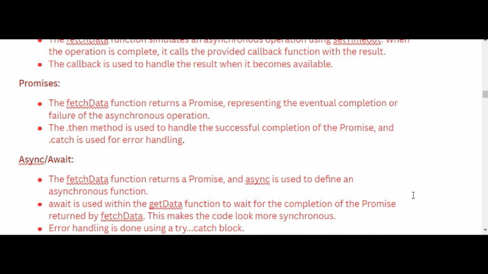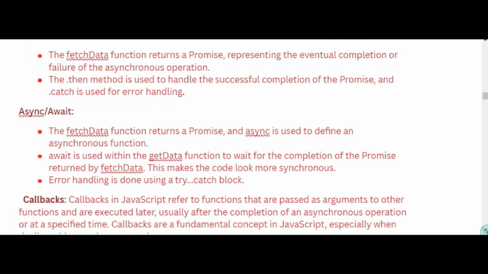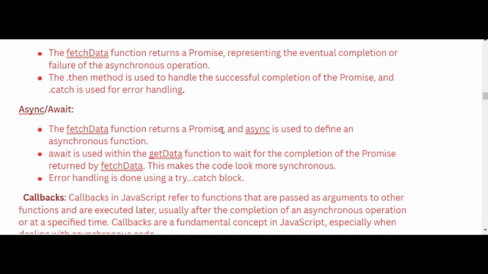Now come to the downside, async and await. The fetchData function returns a promise, and async is used to define an asynchronous function. Await is used within the getData function to wait for the completion of the promise returned by fetchData. This makes the code look more synchronous. Error handling is done using a try catch block.